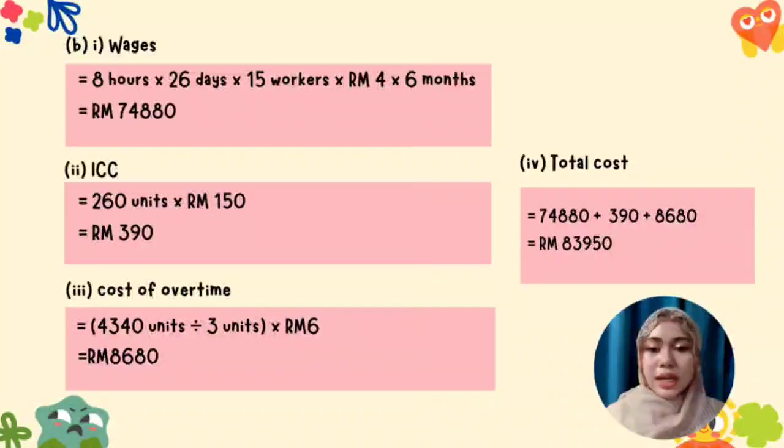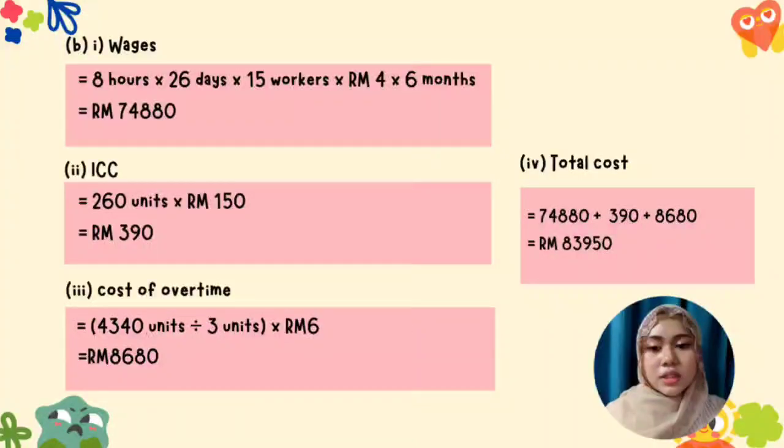The last step is we need to calculate all the costs that we had. The first is wages. We calculate it from 8 hours times 26 days times 50 workers times 4 ringgit times 6 months, and then we got 74,880 ringgit. For the inventory carrying cost, it is equal to 250 units times 1.15 ringgit, so we got 319 ringgit.